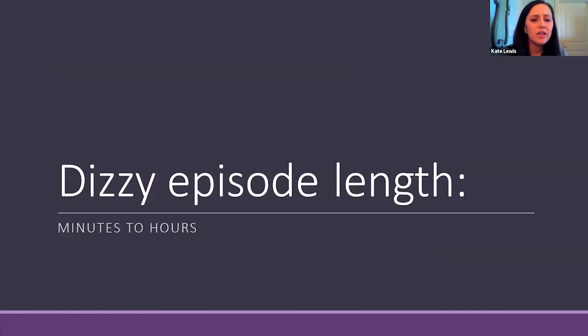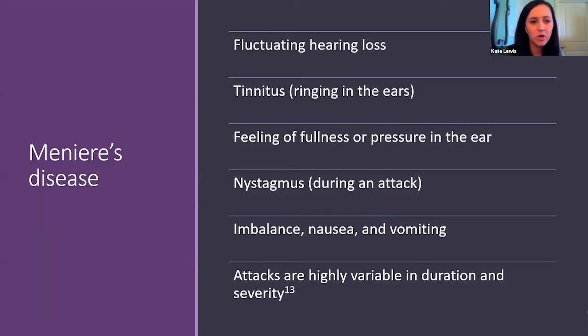Okay, so now let's look at if dizziness is lasting for minutes to hours. You've probably heard of Meniere's disease. Meniere's disease is caused by a buildup of fluid in the inner ear. Like I said at the beginning, the vestibular system is very sensitive and it's a pressurized system. So when we have changes in fluid or air or a displacement of fluid, we get these symptoms of dizziness.